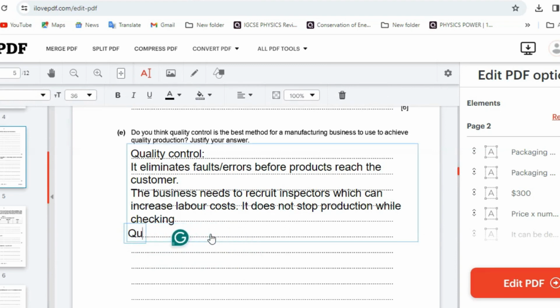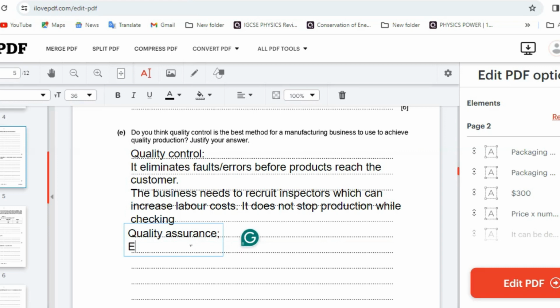Let's try and type quality assurance. Okay, by using quality assurance, of course, errors will be stopped before the end of the product. That is, it will be spotted earlier in the process.